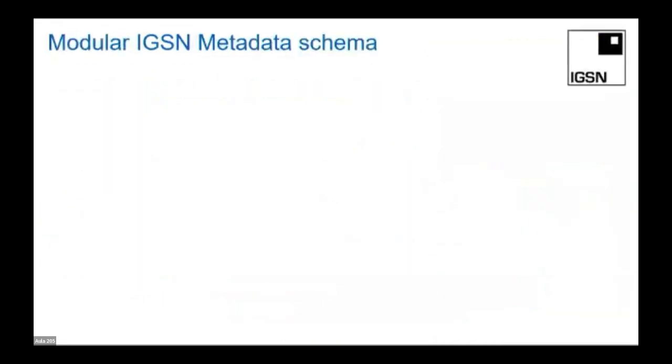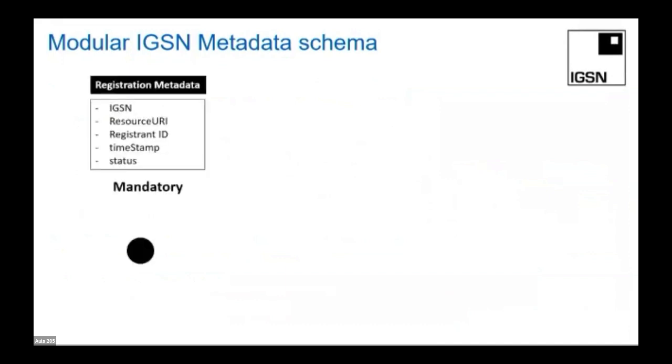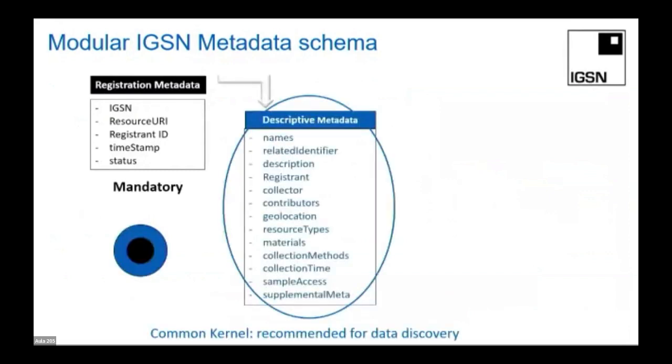Okay. We have agreed within IGSN e.V. on a modular metadata schema that is meant to be very flexible. Because we used handle identifiers for many years, we started with a very small set of properties as mandatory fields for everyone. Then we had a descriptive metadata that serves as basic data discovery.